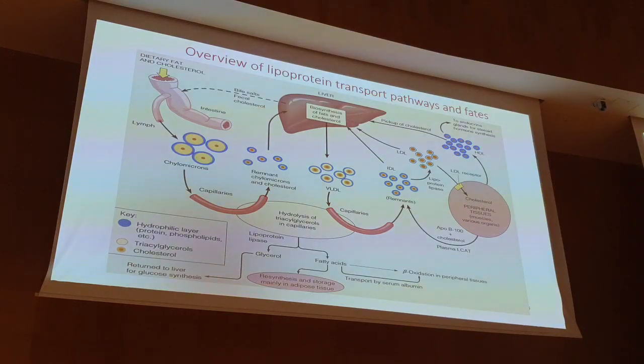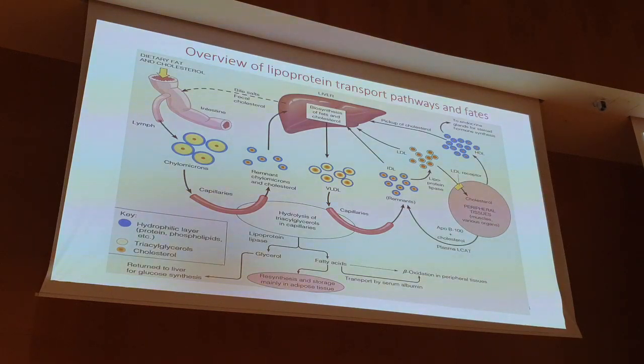The yellow on the inside are the triglycerides. And the orangey dot in the middle would be the cholesterol. And each little lipoprotein has a different amount of blue, yellow, and orange. Can you see that? So chylomicrons have some protein, a lot of triglyceride, and a little bit of cholesterol.